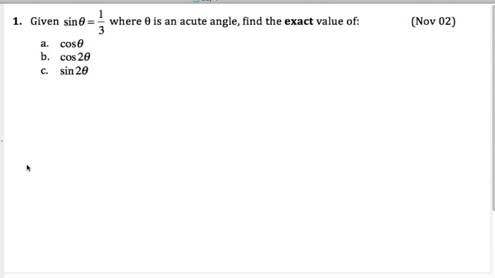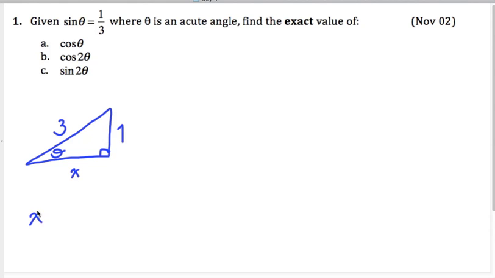So if you look at, that's a right triangle, and there's theta. Because sine of theta is opposite over hypotenuse, I can say that this side is 1 and the hypotenuse is 3. Now, because it's a right triangle, I can also figure out this unknown side. Let's call this x.